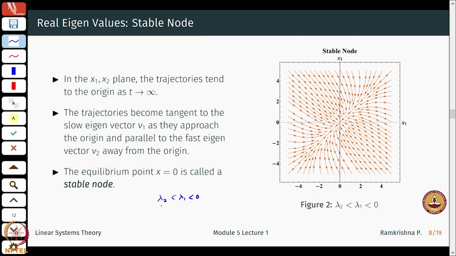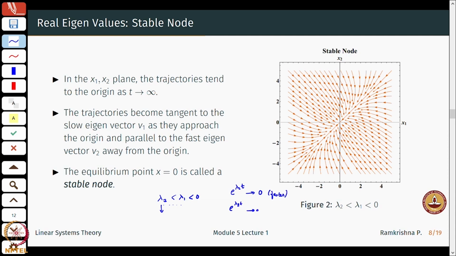If this condition is true, then the term e power lambda 2 t converges to the origin faster than e power lambda 1 t. So, this is faster.